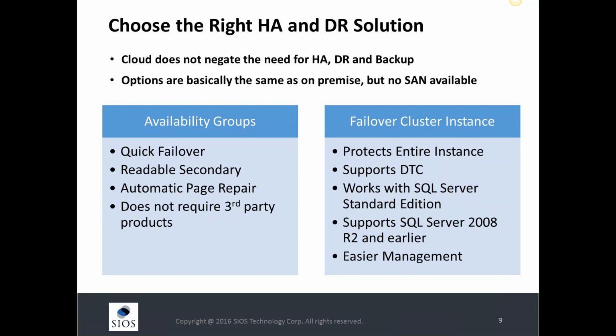And that works fine for availability groups, but in a failover cluster, without that SAN, you're not going to be able to build a failover cluster instance unless you use some sort of shared third-party storage device like Tony's going to tell you about with the SIOS DataKeeper solution that will keep the data replicated between the instances and present the local storage as a shared storage device for the cluster to use in that failover cluster.